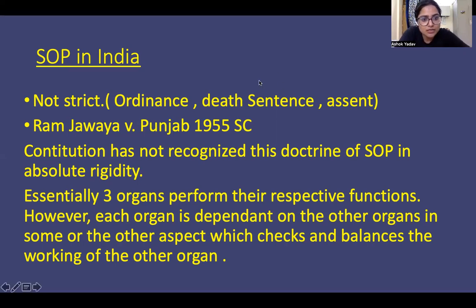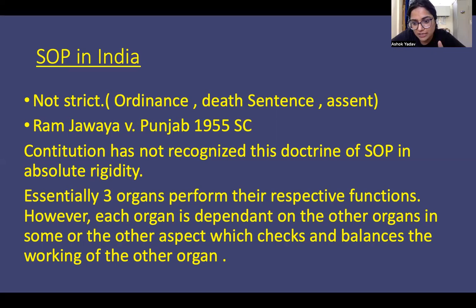So let's take this assent example, wherein the legislature makes the law and assent is given by the president. So president comes under the executive, right? So don't you see that there is an overlapping? Law is made by legislature, but it is seeking the assent from the executive body. So this is where you see the overlapping.